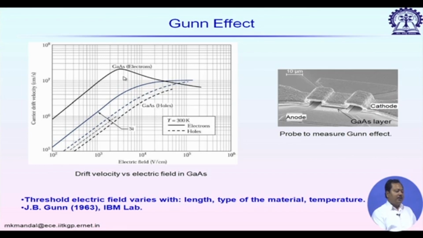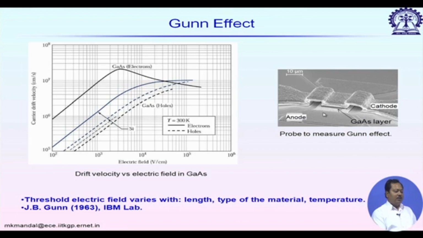But for gallium arsenide electrons, the carrier drift velocity first increases, reaches a maximum value, and then it decreases. Since carrier drift velocity decreases, current will decrease with increasing voltage in this region, and it will give negative resistance. The right hand side picture shows a typical Gunn diode using a gallium arsenide layer.